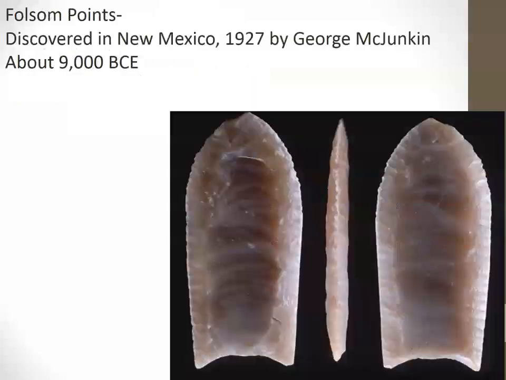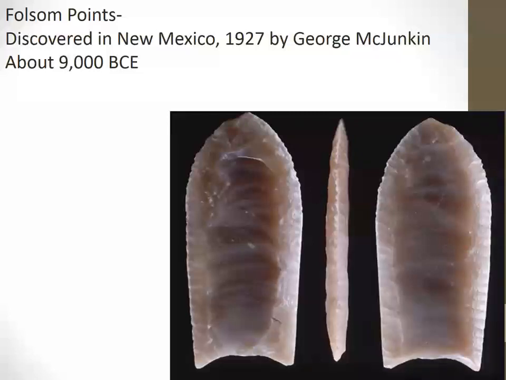The discovery of what are called Folsom points, discovered by George McJunkin in 1927, depicts the movement of people from the hunting of large game like mammoths to the hunting of smaller animals. These are arrow points that are much smaller, and they depict a movement away from large spear hunting.